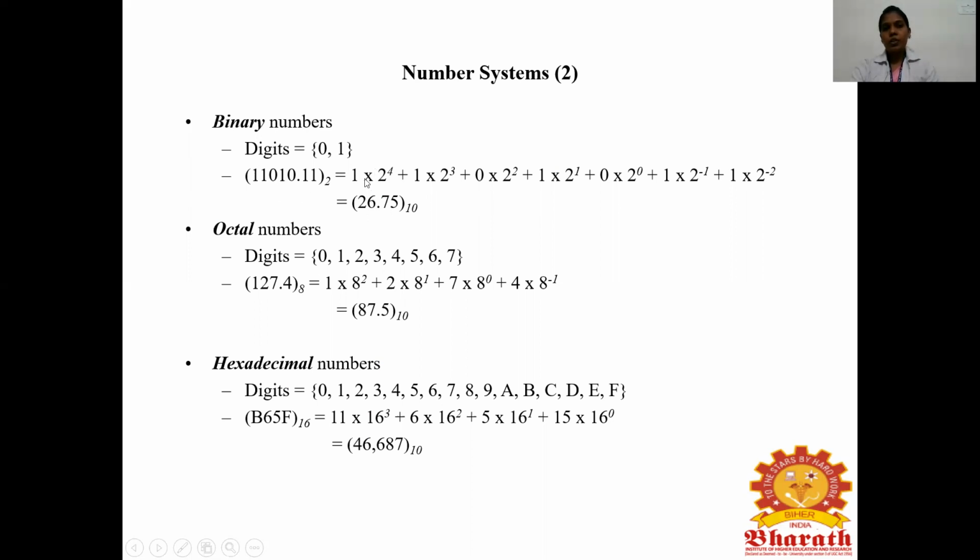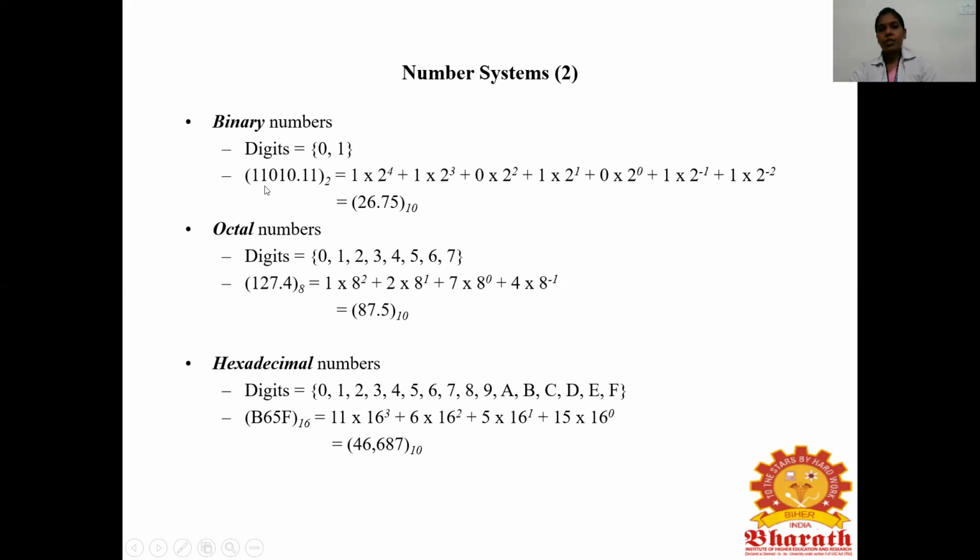So 1 into 2 to the power 4. What is 2? 2 is nothing but the base of the binary number. So 2 to the power 4, it is nothing but the position. So this position is 2 power 0, 2 power 1, 2 power 2, 2 power 3, 2 power 4. So here we have 1 into 2 power 4.